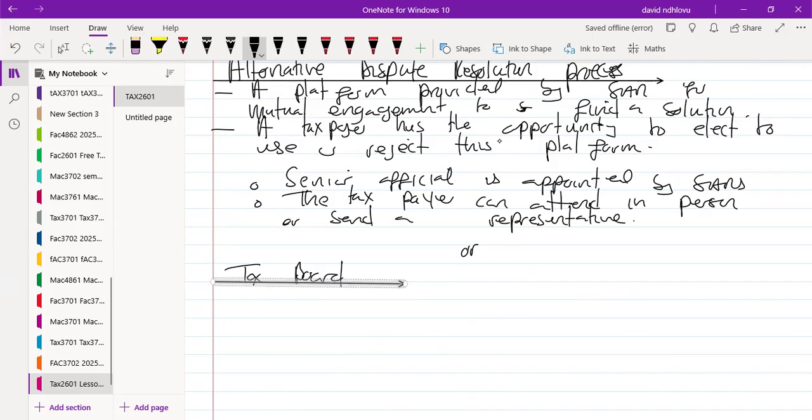Right, the tax board hears disputes of figures ranging up to a minimum of 500,000. So let's say amounts of up to 500,000 can be heard in the tax board.